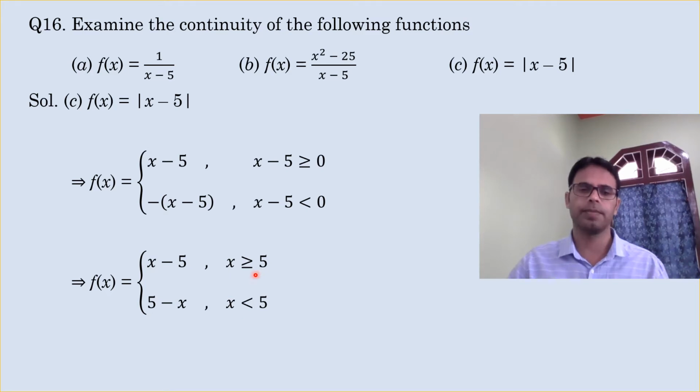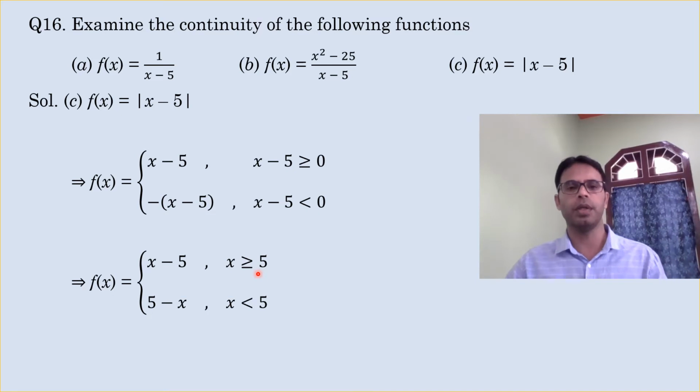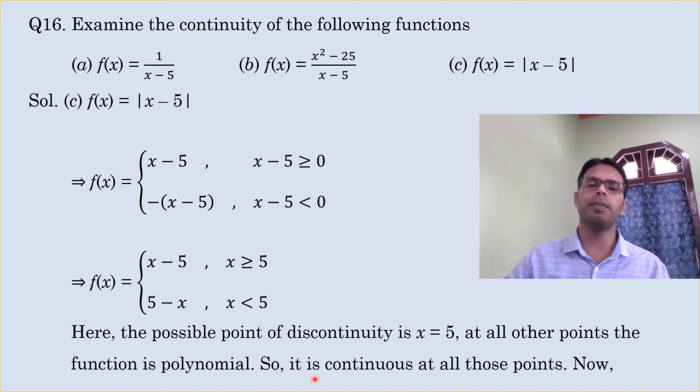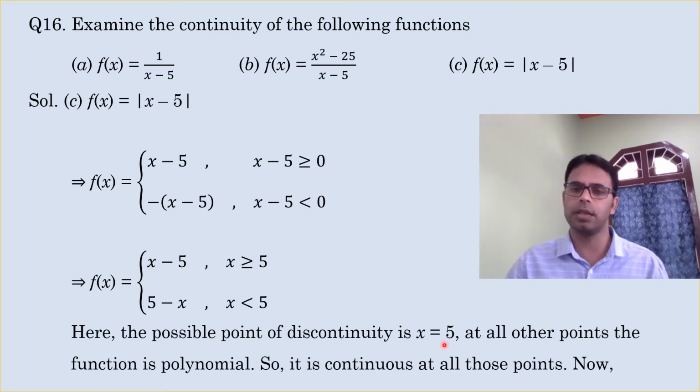We are to check the continuity of the function at the point 5 only, because at all other points except x equal to 5, the function is obviously continuous, as the function is a polynomial. So we write that the possible point of discontinuity is x equal to 5.